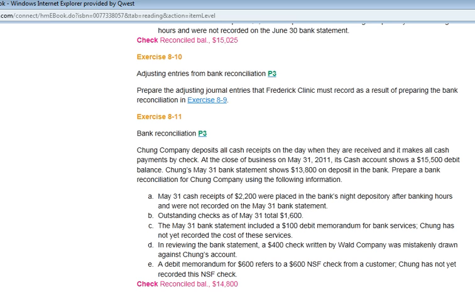Items A through E are giving you some adjustments that would need to be made when comparing the bank statement to the internal books and records. And if you notice down here at the bottom, we have our check answer to make sure that once we've done our adjusting entries, this is what we're going to arrive at.